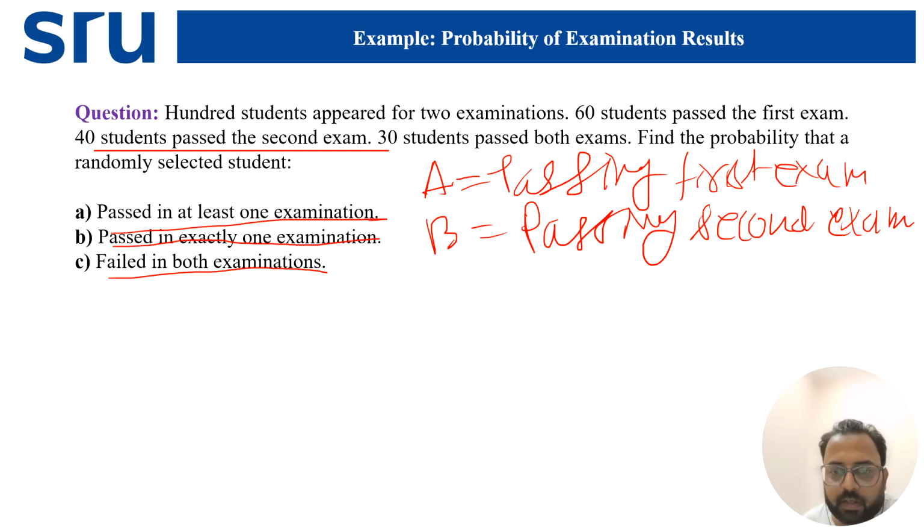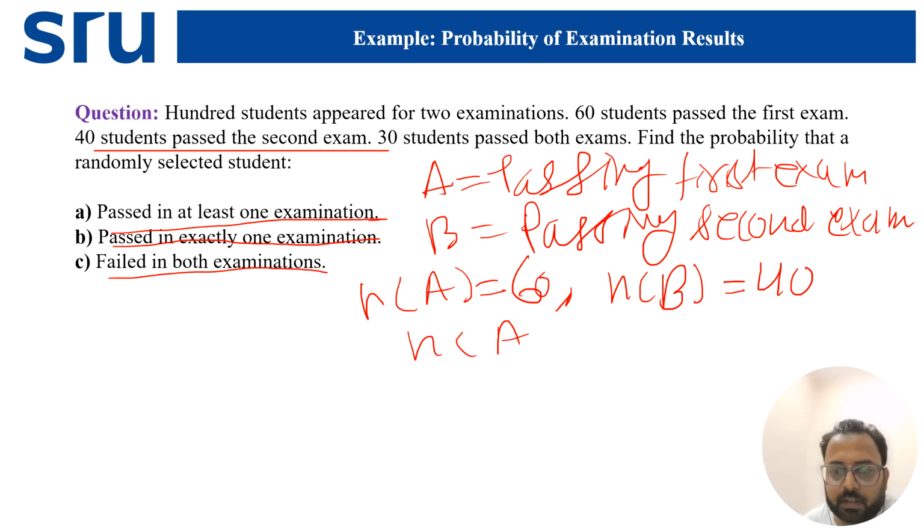Given that the number of elements in A is 60 students, the number of elements in B is 40 students, and the number of elements in A intersection B is 30, since 30 students passed both exams. Passed in at least one examination means A or B.